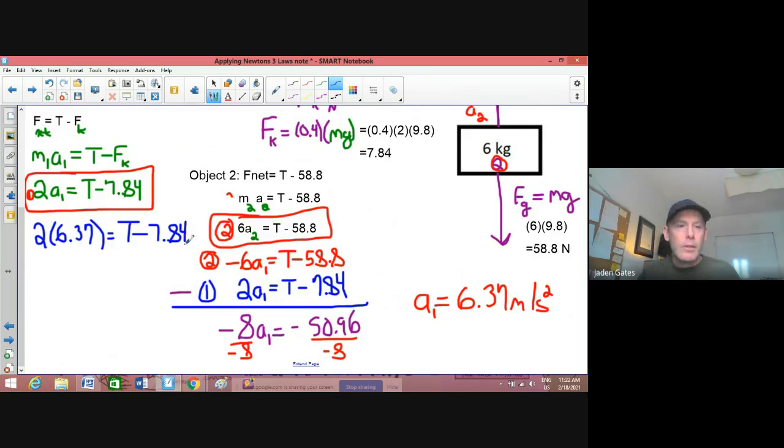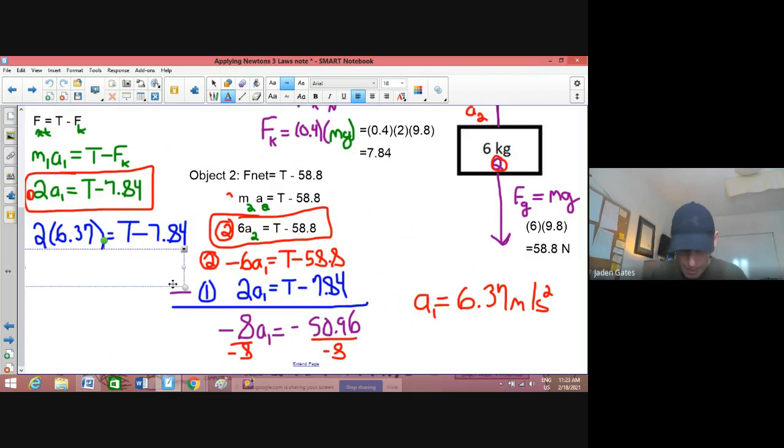All right, so now let's have a look here. 2 times 6.37 is 12.74, which is equal to T minus 7.84. All right, solving equations.